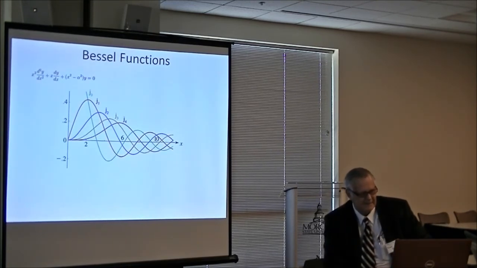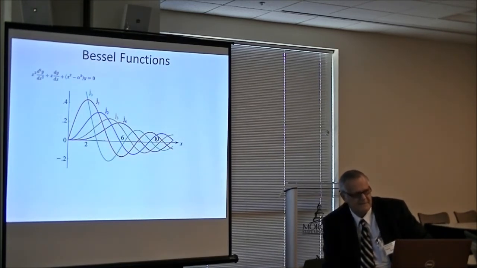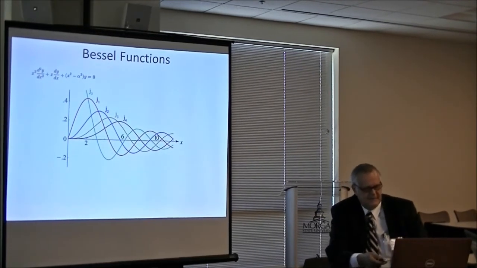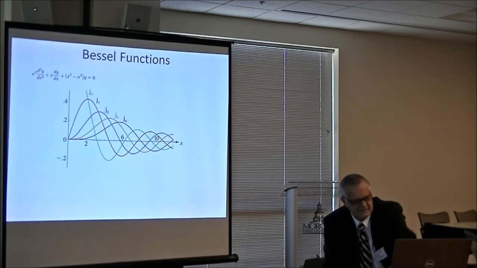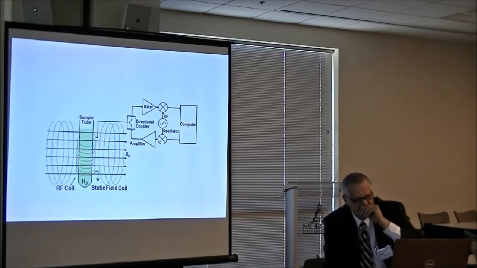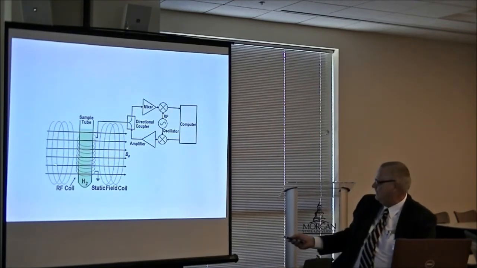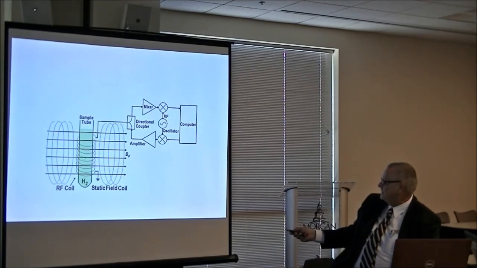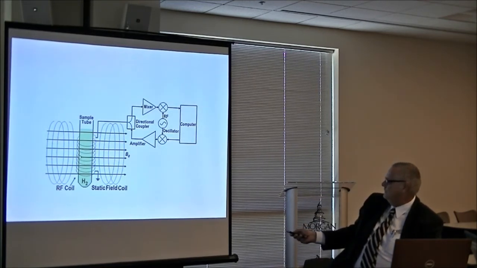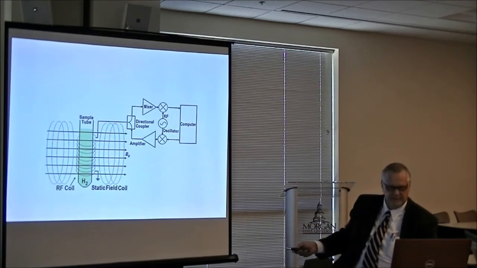This isn't the correct Bessel function, but as I said, the first spectral line will be easy to find, and then we'll probably need to apply some kind of Bessel function to find the others. The simplistic model of the experiment is you have hydrogen in the sample tube, you do your resonances in the way that we'll talk about a little bit, and then hopefully we'll get a spectral line.